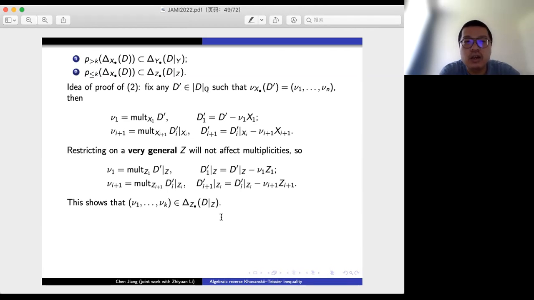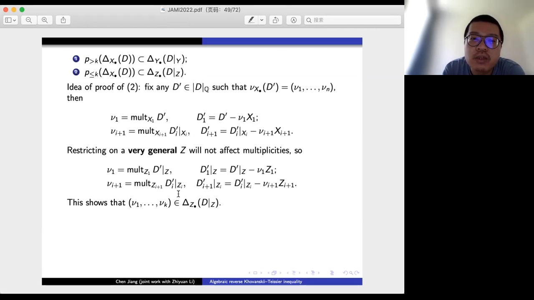Okay, so here I should say one sentence about the very general Z. At the first, the choice of Z depends on this D prime, right? But this D prime in the linear system is uncountable.